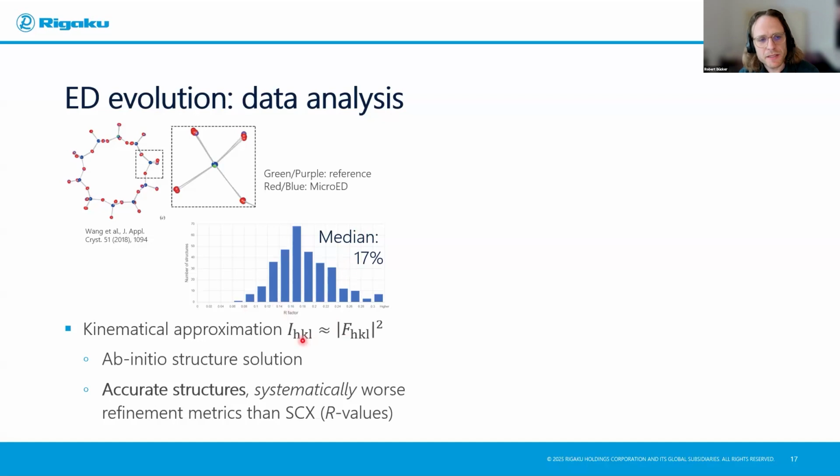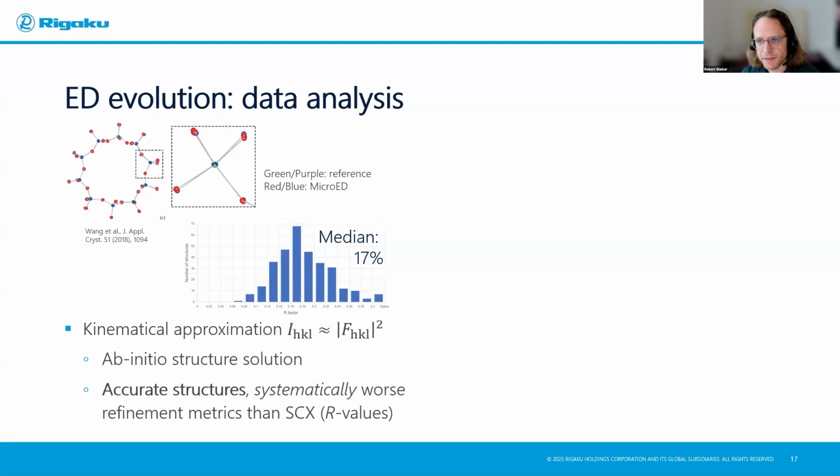But what you see is that even though this residual is fairly high, the accuracy of the position of the minimum in the least squares structure refinement is still the correct one. So you still get accurate structures even assuming this approximation. That's totally fine. So these values are not indicating bad quality.